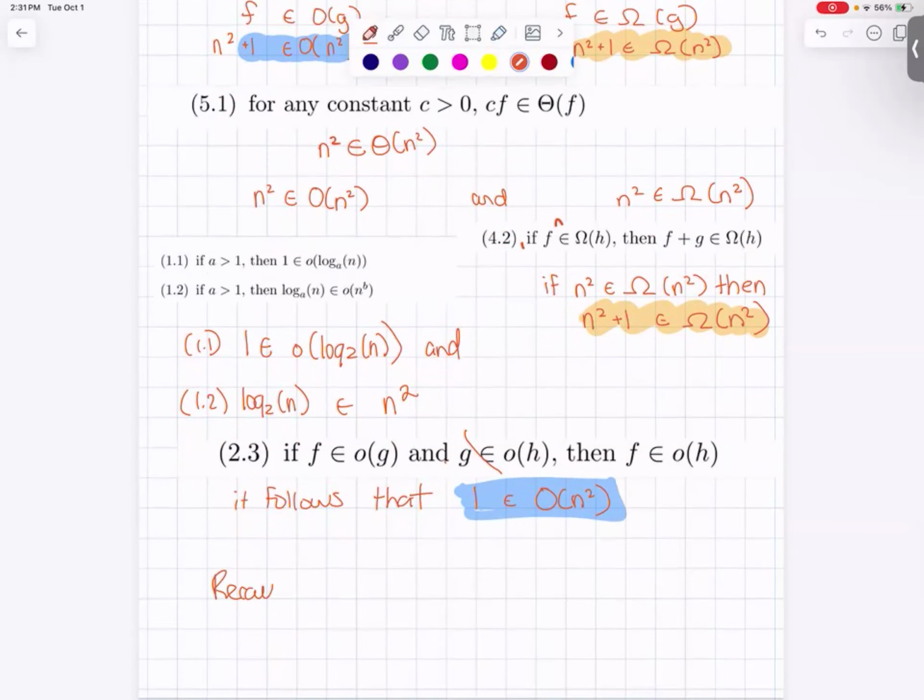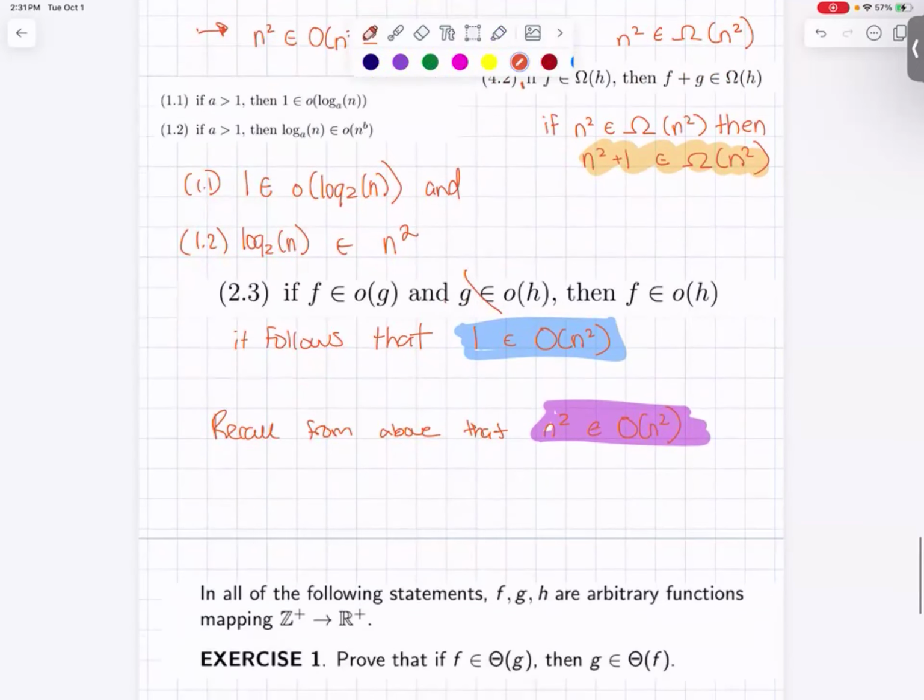recall from above that n squared right here is, oops, I can just say is an element of big O of n squared. And so then that gives us this part, which means once again, we can use property 4.2 one more time.